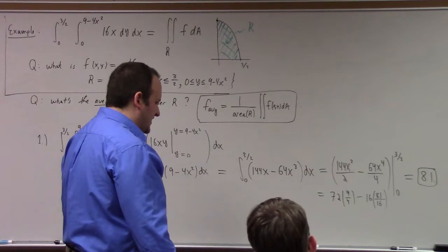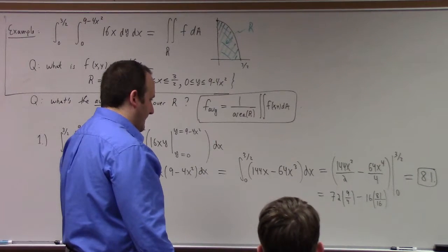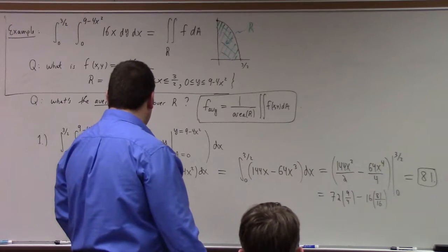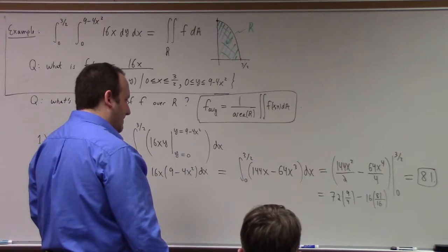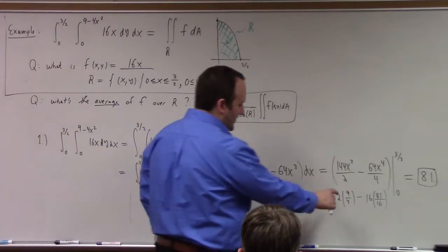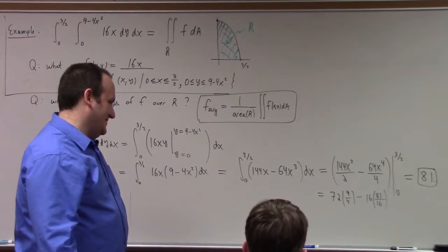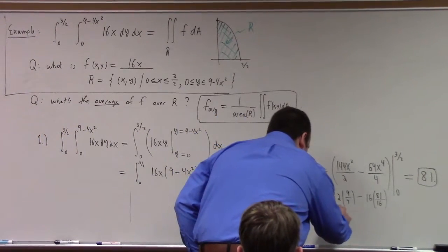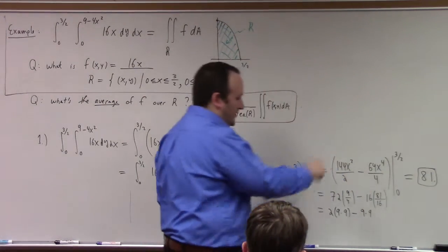Wait, no, that makes sense. It's 18 times 9 minus 81. Is this 2 times 81? Okay, so this is 2 times 9 times 9 minus 9 times 9. Yeah, okay, whatever. Anyway, 81, yes.